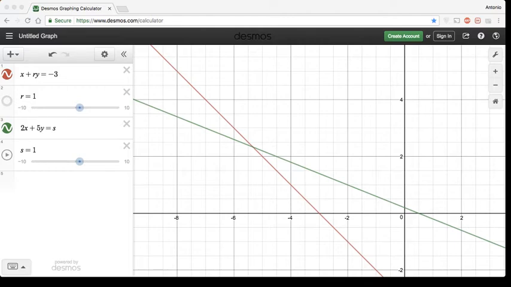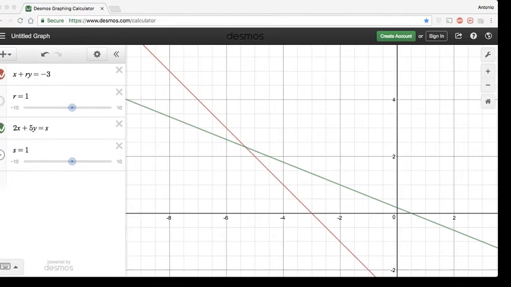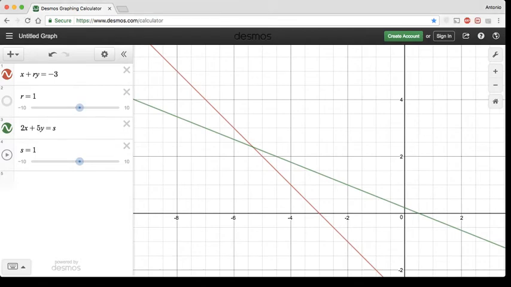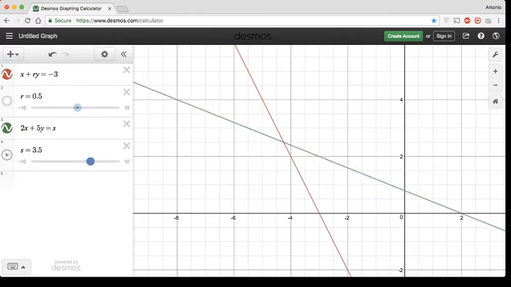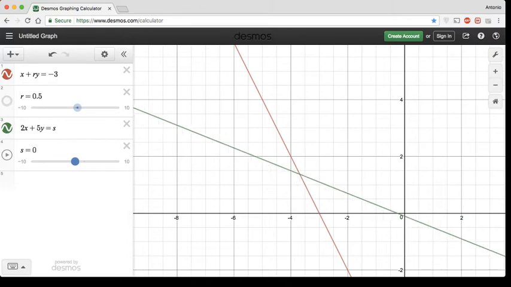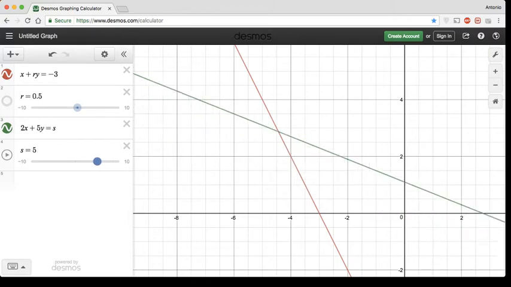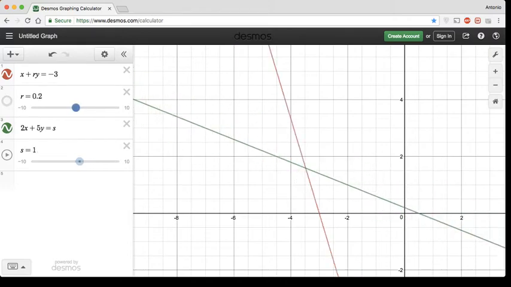Now, R is a variable, so if you see here, as you rotate or just play with R, those lines change. These are all the instances where we have exactly one solution.